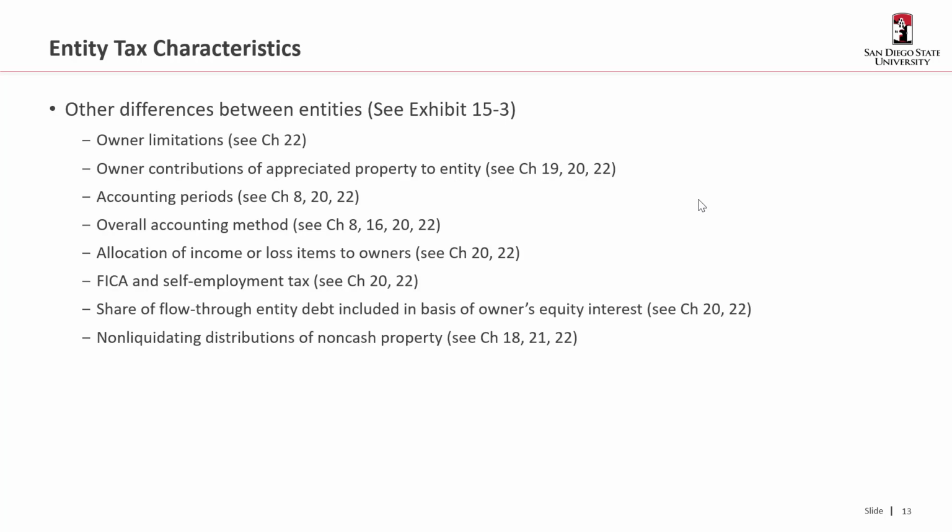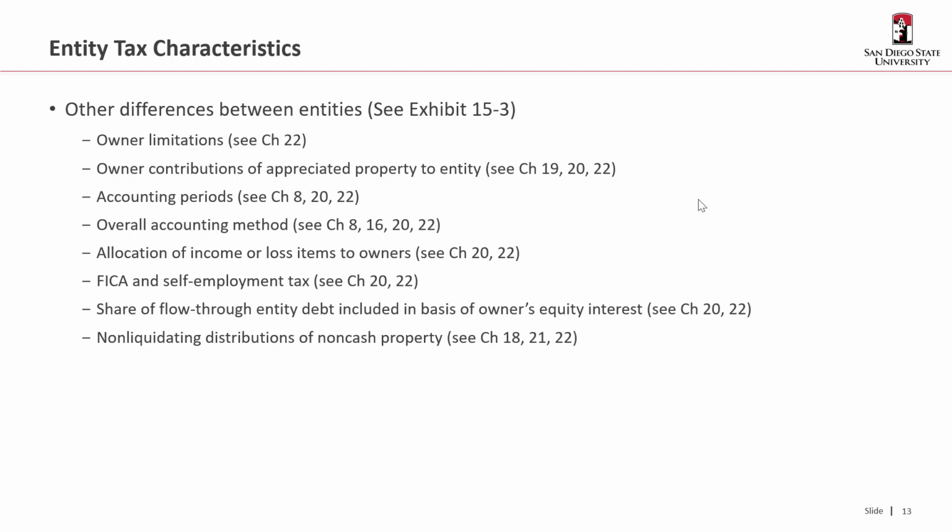Okay, so there are a number of other entity tax characteristics that are discussed in some vague and ambiguous circumstances in Chapter 15, but I've listed them here largely because they're going to reappear. We're going to see these items again as we march through the following chapters, right?